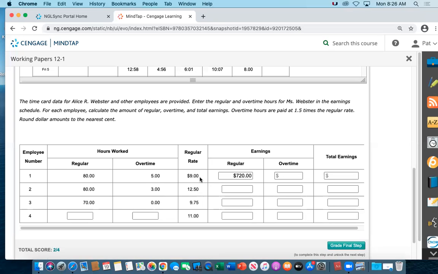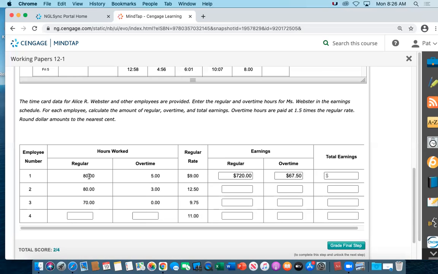You get 13.50. $9 is regular, but you need time and a half for your overtime hours. So 9 times 1.5 is 13.50. So that is your hourly rate for those 5 hours of overtime. So you take 13.50 times 5, you get 67.50. Do you guys have any questions on how we got those two numbers?